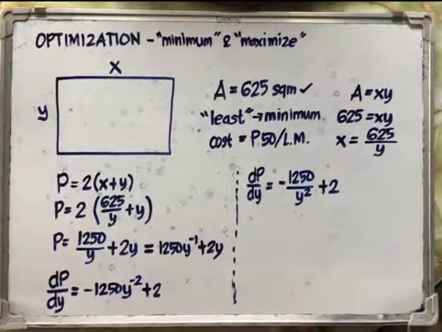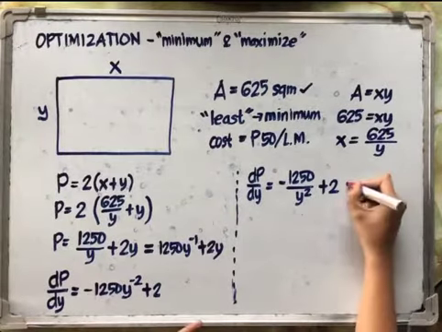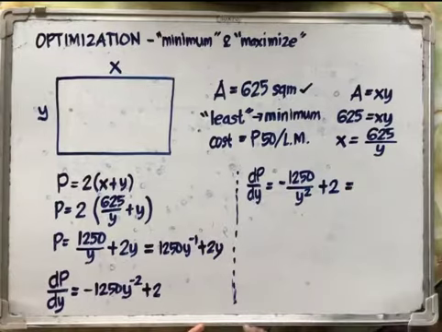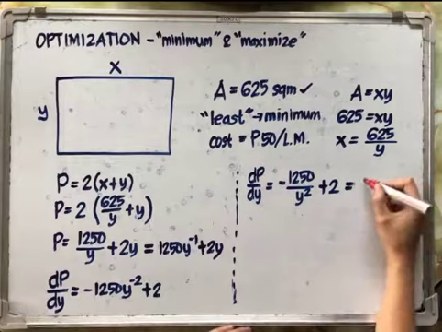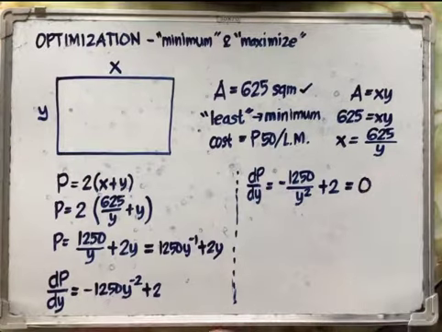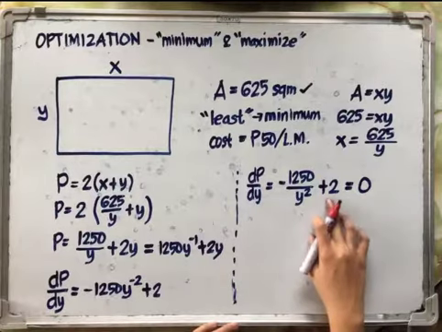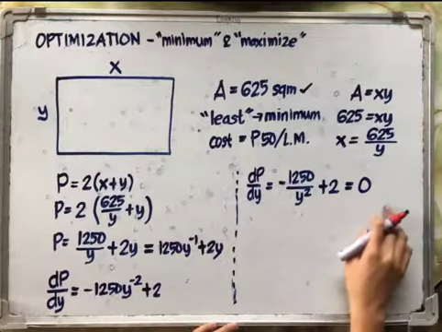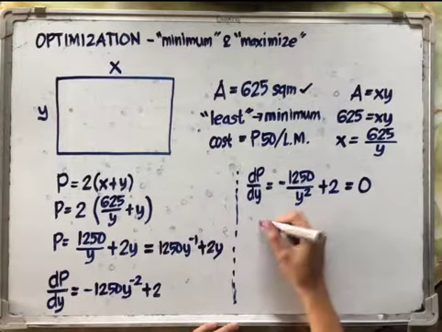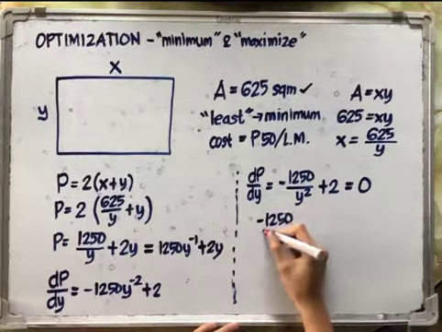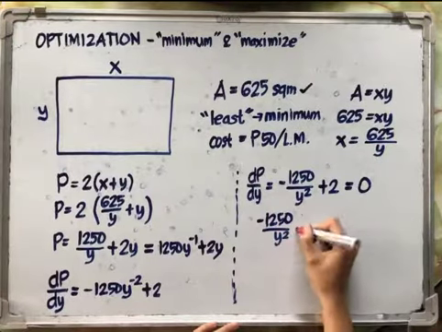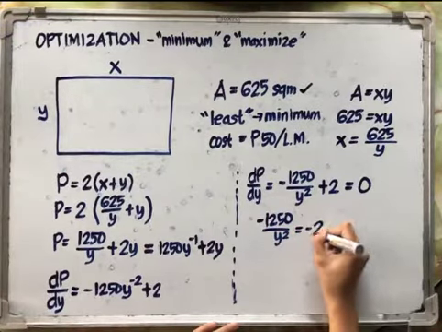Okay? So, pag nag-optimize ka daw, if you are to get the minimum and maximum, yung variable na dinidifferentiate mo or in-optimize mo, that in this case, yung perimeter yun, after differentiating, isi-set mo daw siya to 0. Alright? So, setting that to 0 now, ta-transfer ko yung negative 2, positive 2 on the other side. That would be negative 1250 over y squared is equal to negative 2.